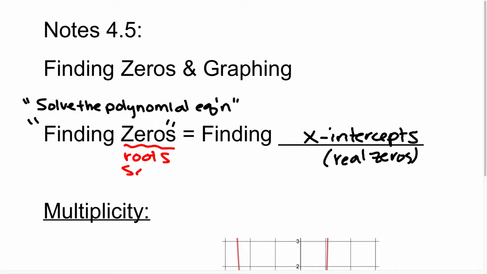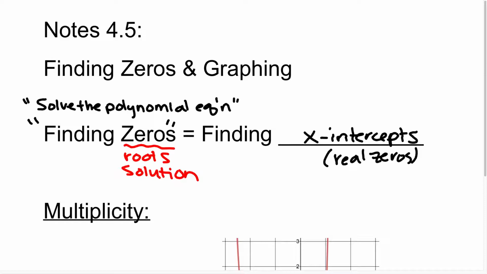Also, I can use the word solution. If I'm saying find the solutions, what are the solutions, how many solutions, that's interchangeable with the word zero, interchangeable with the word root. And x-intercepts is interchangeable, but remember those would only be the real solutions. All three of these words would really imply that they are real or imaginary. So then you have all the solutions.